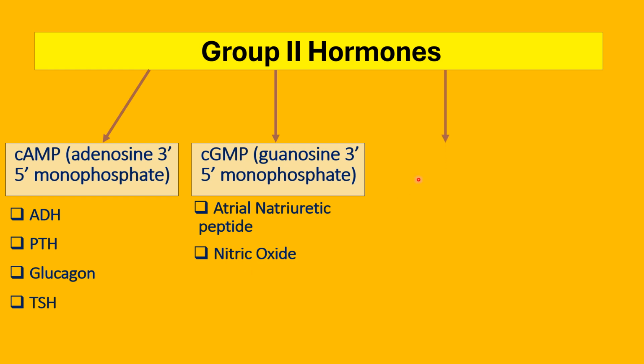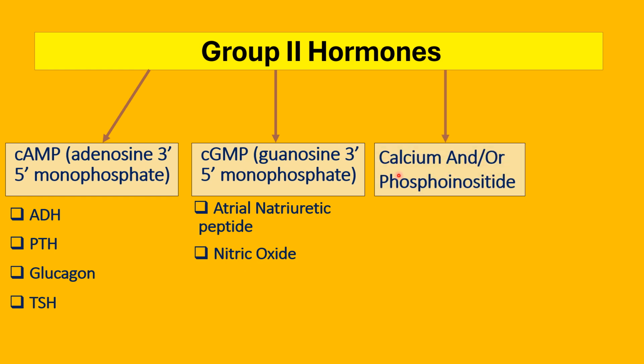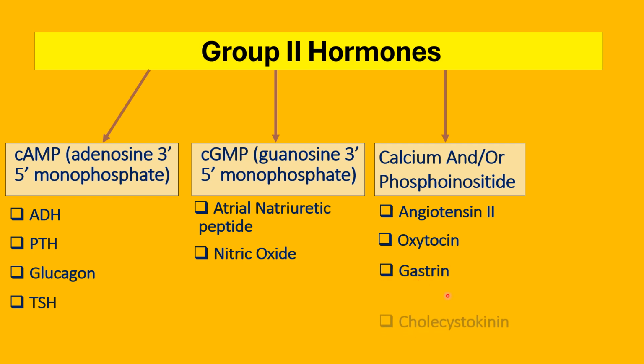The third subclass is hormones which act through calcium or phosphoinositide as second messengers. Examples here include angiotensin II, oxytocin, gastrin, and cholecystokinin.